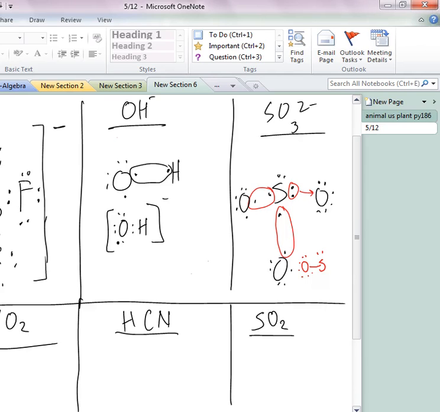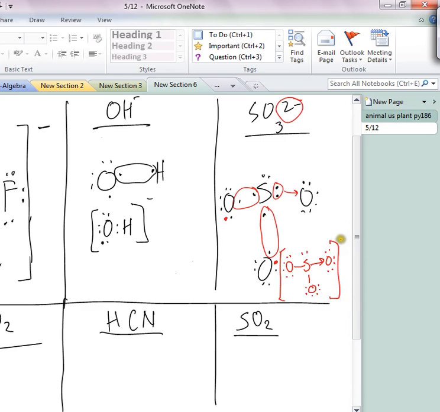This is an SO3 2 minus, right? So we need to put 2 extra electrons in here. They're going to go here and here. And notice what you get. So that's your answer, with a bracket around that and a 2 minus.